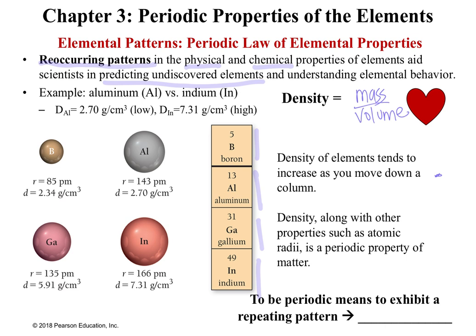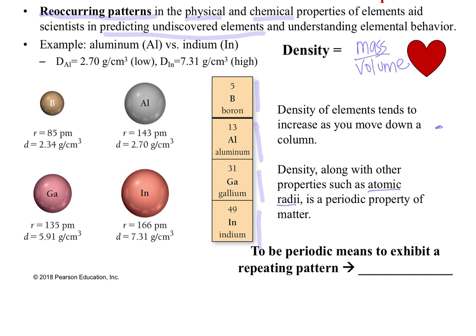We also see trends such as atomic radii and ionization energy occurring, both as a family and as a period. So recurring patterns like that, the repeating patterns, that's why it's called the periodic table, because there is a repeating pattern that occurs on it.